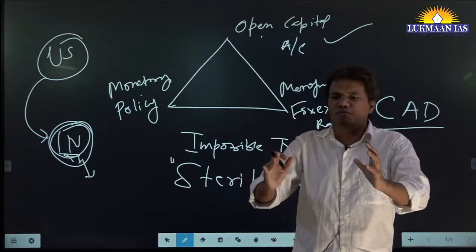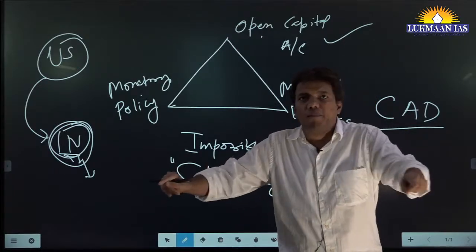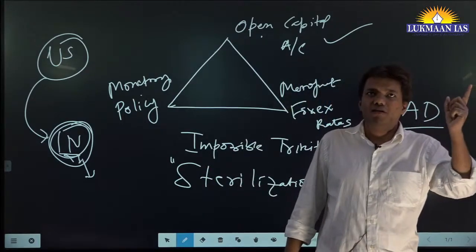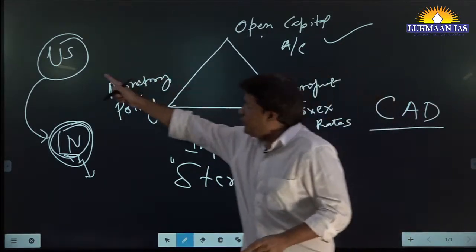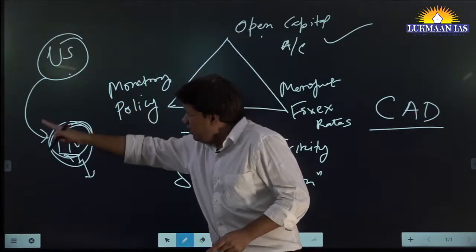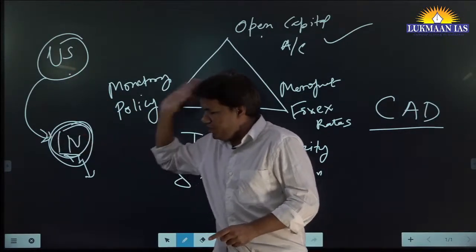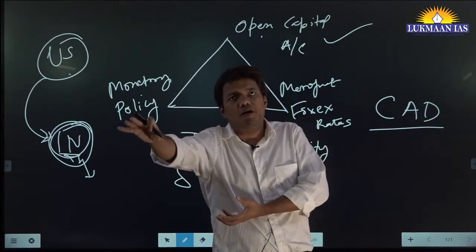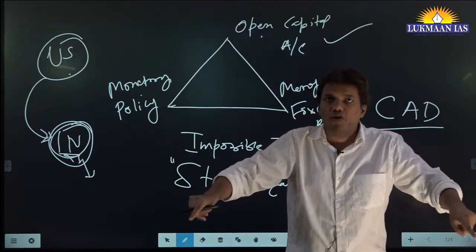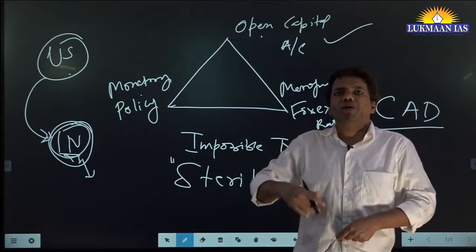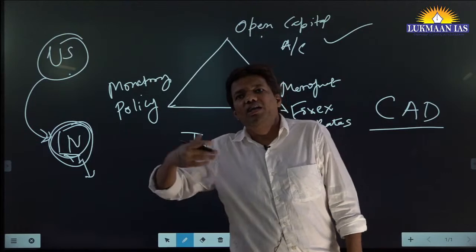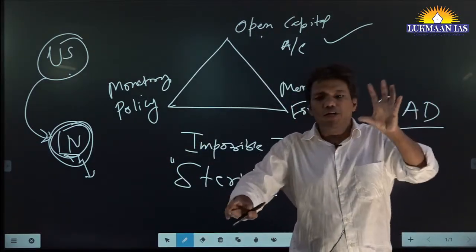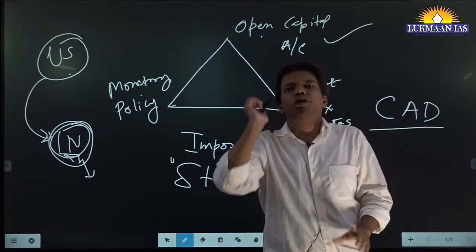The main point is this: whenever you increase the supply of money without increasing goods, it leads to inflation. This US investor, due to partial convertibility, took Indian rupees, parked USD with the RBI, and increased the supply of rupees in the market. But there was no proportionate increase in goods. Excess money chasing few goods leads to inflation.